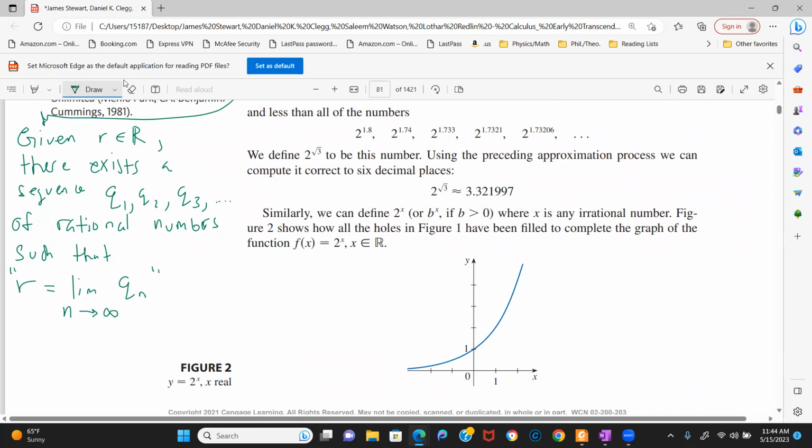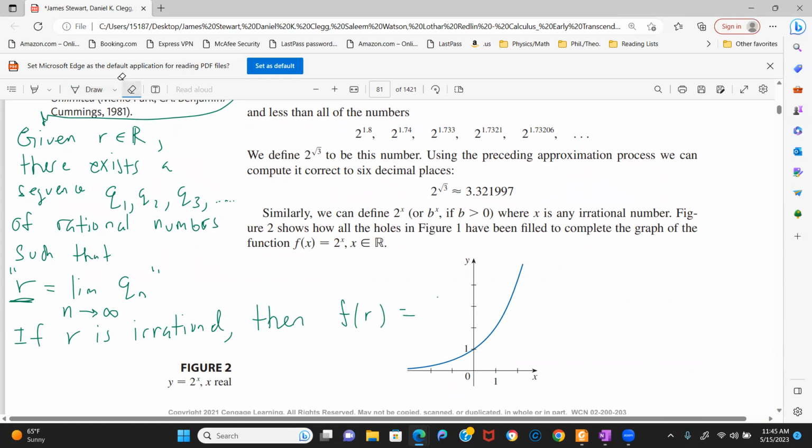So this sequence goes off to infinity. Like you have Q1, Q2, Q3, Q4, all the way up. And these rational numbers, they approximate this number R. They get closer and closer and closer. And because of that, we can define, so now what this means is that if R is irrational, then we can define f of R to be the limit.